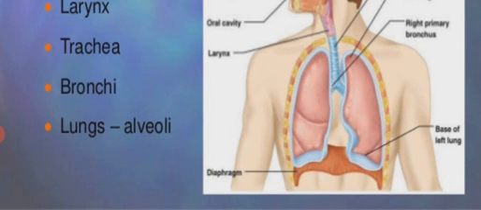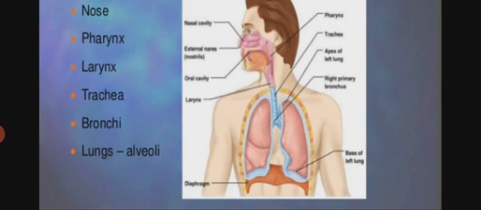This diaphragm plays a very important role in the process of breathing, either to increase the chest volume or the lung volume, or to decrease the same. So this is the brief introduction about the human respiratory system. I need not go into the details of the anatomy of this respiratory system.